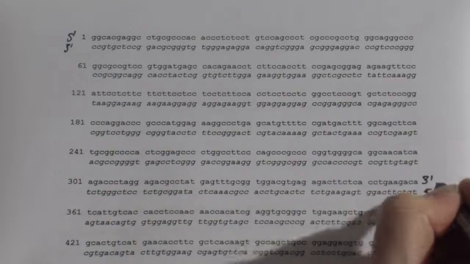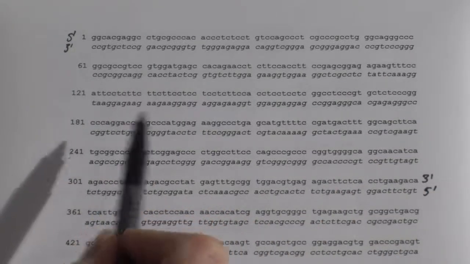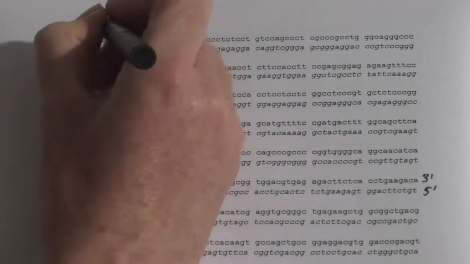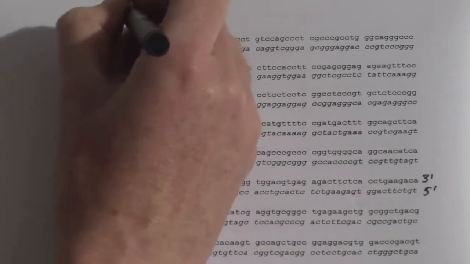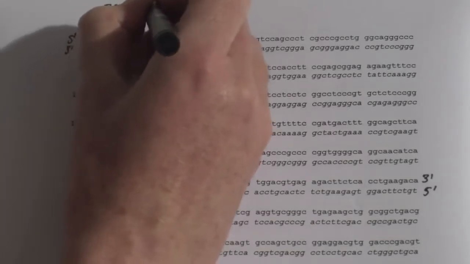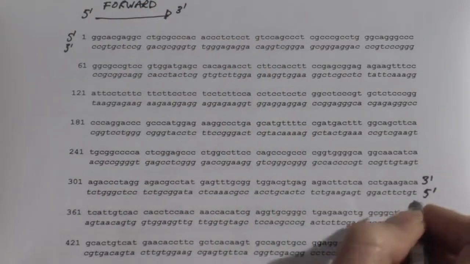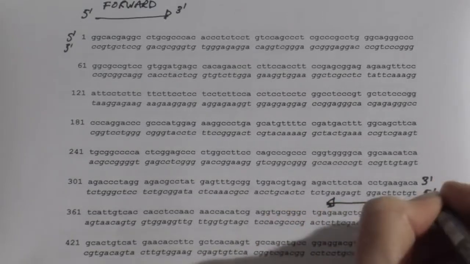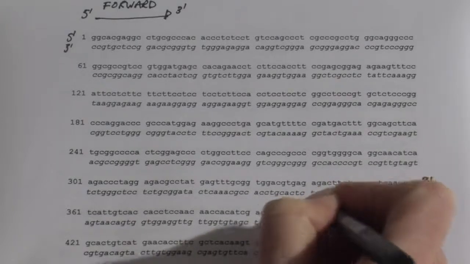5' here. Now, if I want to design a pair of PCR primers to amplify this section of DNA, I'm going to have this primer as my forward primer, and this primer must run in this direction 5' to 3', and my reverse primer will be running here, and it will be running 5' to 3' direction.